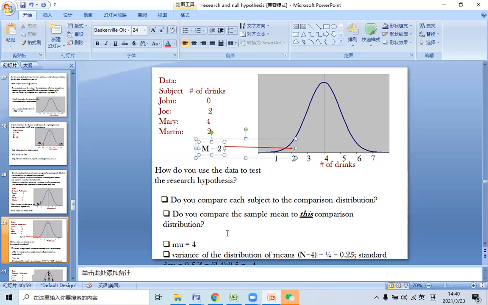The variance is going to be the variance of the distribution of individuals divided by sample size. Sample size, 4 people in the sample. Original variance is 1. Standard deviation is 1. Variance is 1. Divided by 4, that's 0.25.